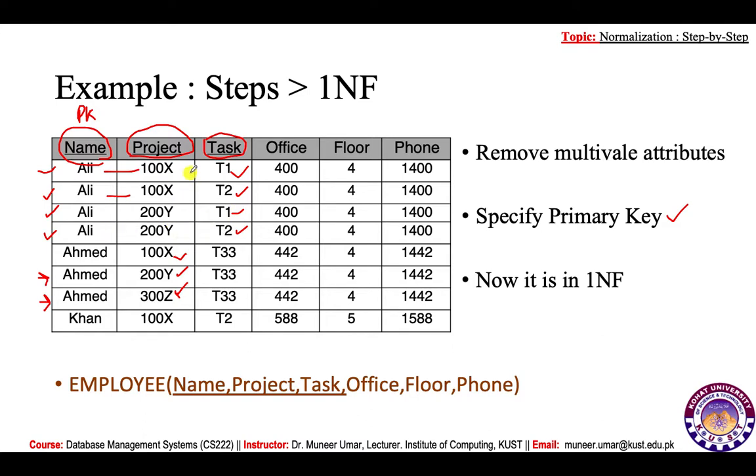So there is no repetition if we combine these three attributes for primary key. So all the combinations would be unique. So we can specify the primary key as the composite of name, project, and task. So this would be our primary key.